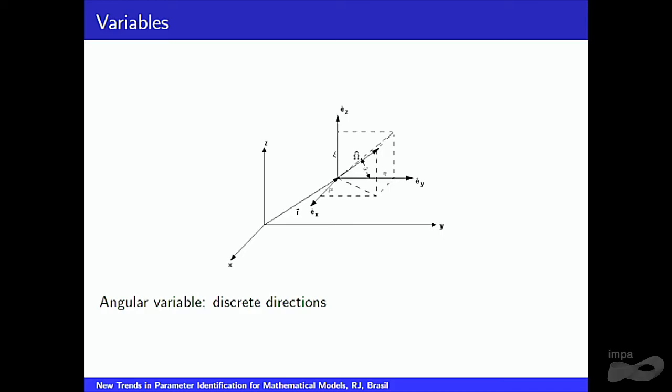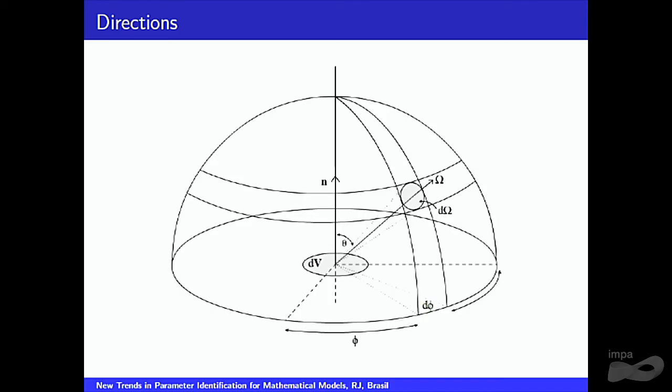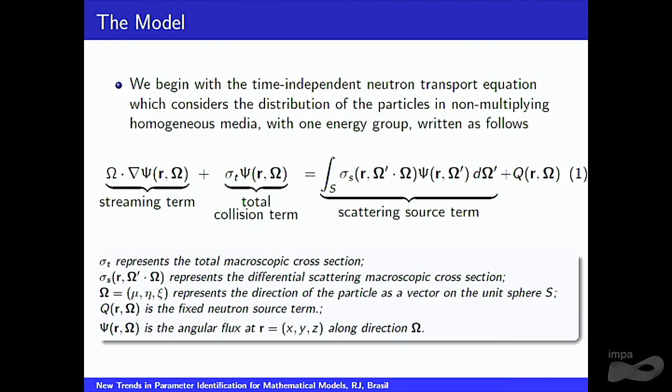And a classical approach is to treat the variation of the angular direction in discrete directions, which we in general call the discrete ordinates method. In the discrete ordinates method, the scattering term that I have here in the right-hand side is treated in terms of a numerical quadrature scheme.